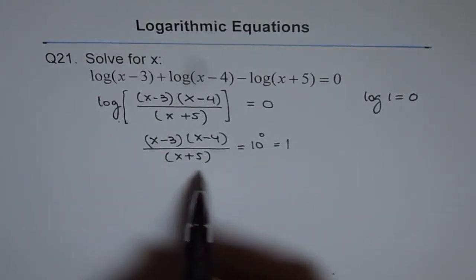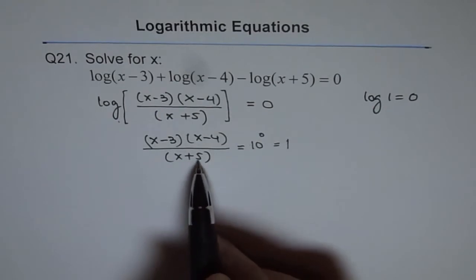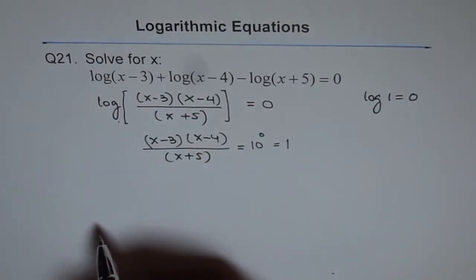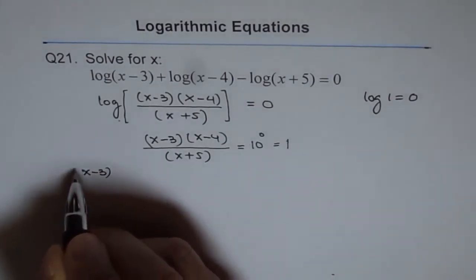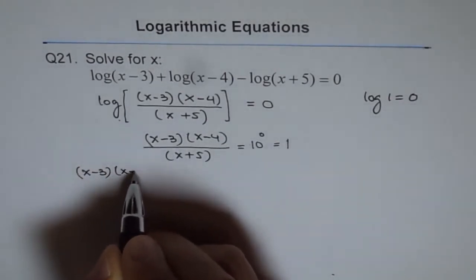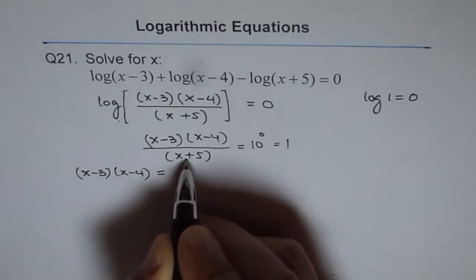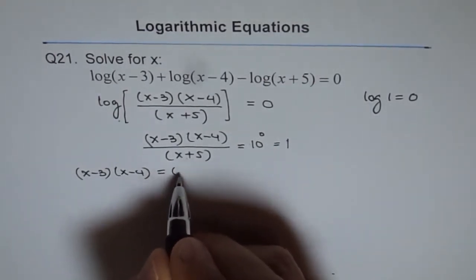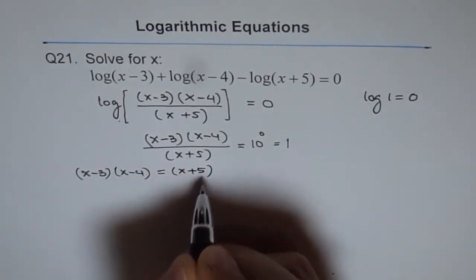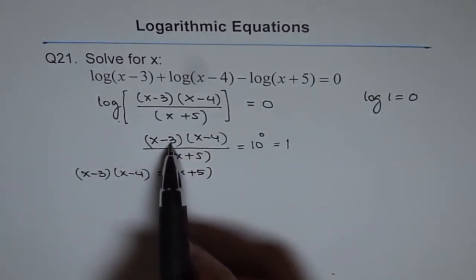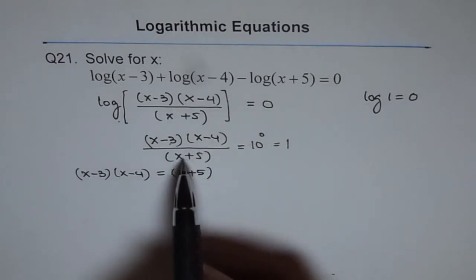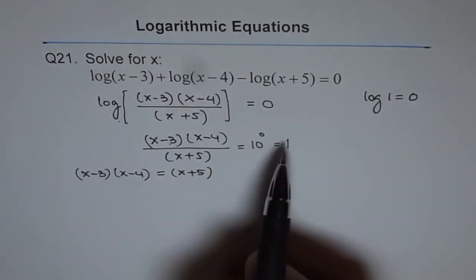Now to solve this kind of equation, we can cross multiply and solve for x. So we have (x - 3)(x - 4) equal to, we'll take this on the other side, and we get (x + 5). So we're trying to solve this rational equation, (x - 3)(x - 4) divided by (x + 5) equals 1, correct?